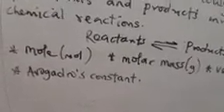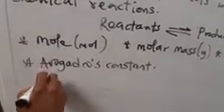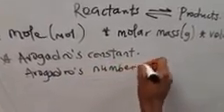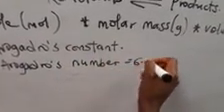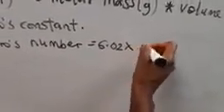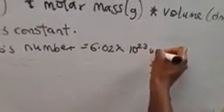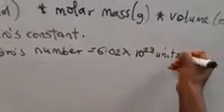Now, what is Avogadro's number? Avogadro's number is given as 6.02 times 10 raised to the power 23 units. So that's Avogadro's number.